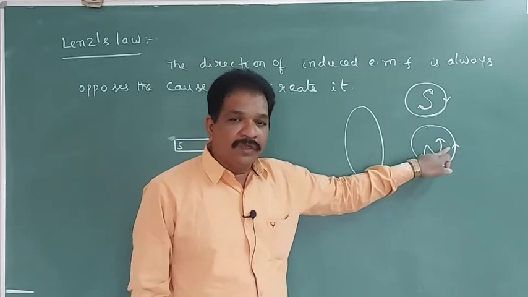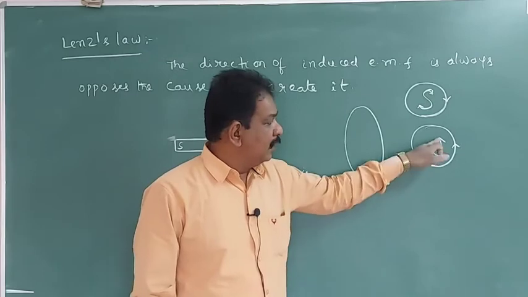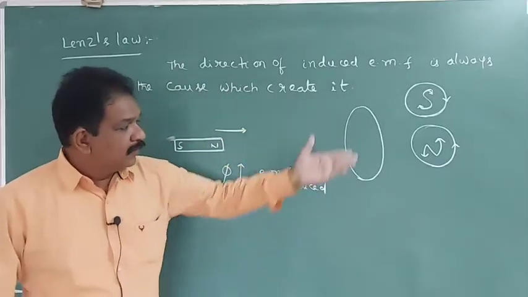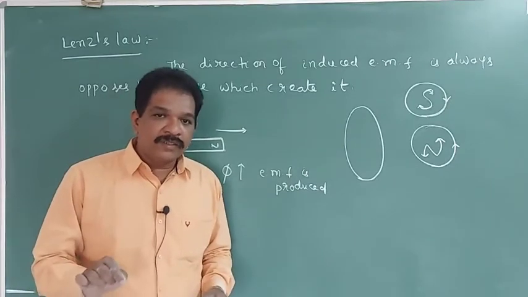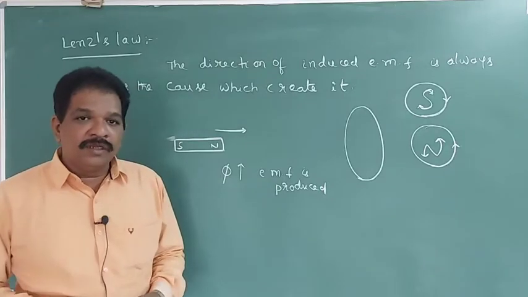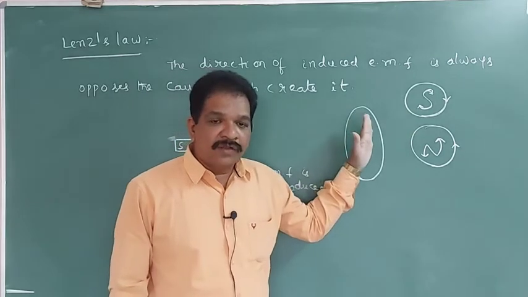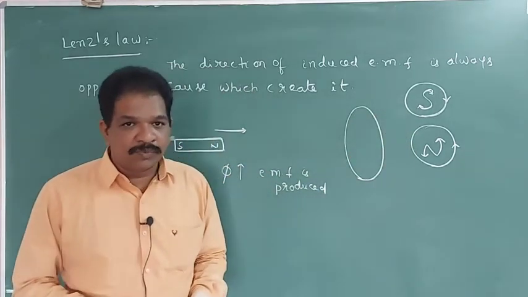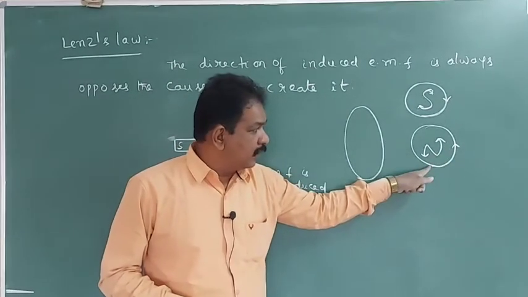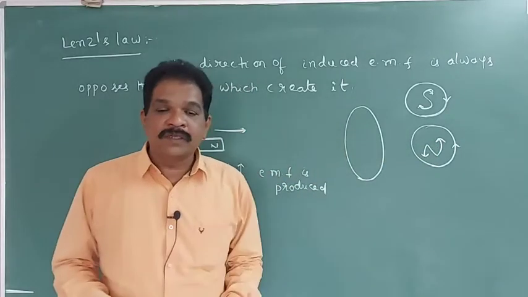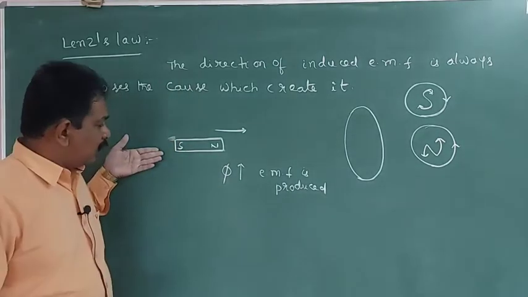If current is anti-clockwise, write N, with arrows in anti-clockwise direction. So that face of the coil will behave as a south pole for clockwise current, and as a north pole for anti-clockwise current. Understanding?